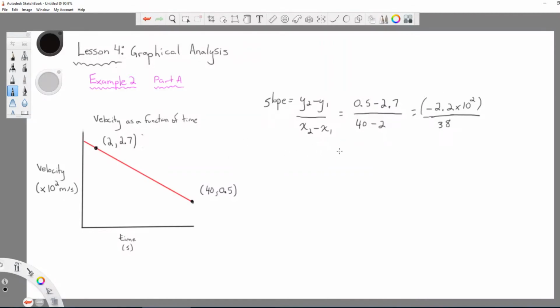Good. Now, if we plug this into our calculator, it's going to give us our slope. What do I get? I get a value of negative 5.8 meters per second squared.